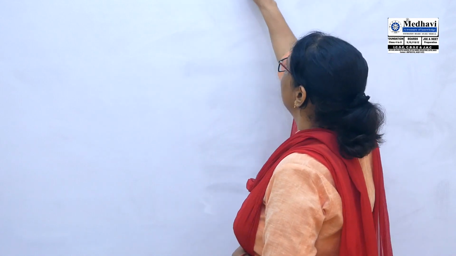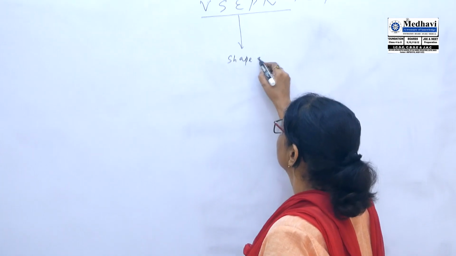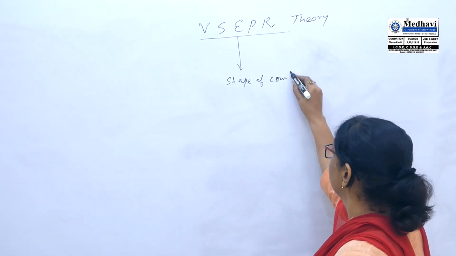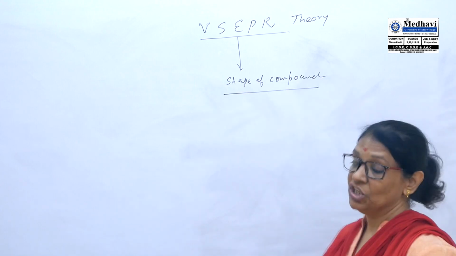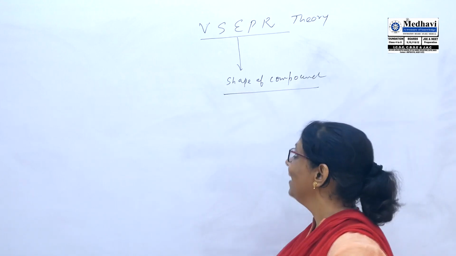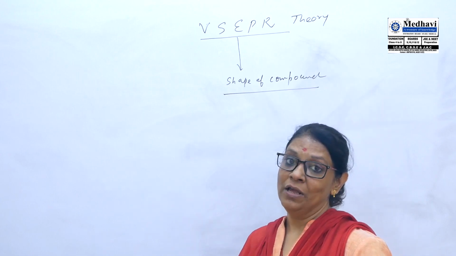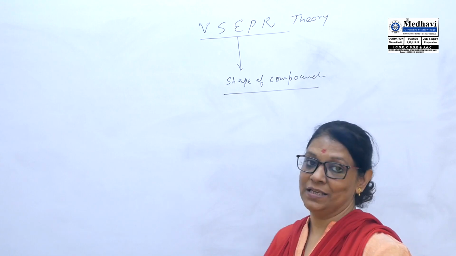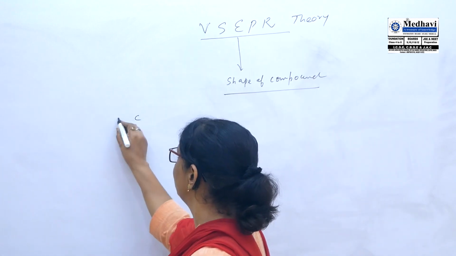This theory is suitable for the shape of a compound. Sidgwick and Powell explained it where Lewis failed, and this theory is applicable for compounds where bond pairs as well as lone pairs are present. Suppose I take one example, CH4.